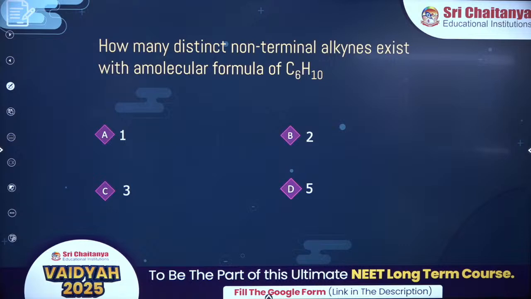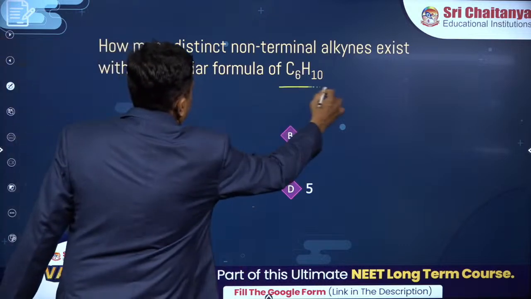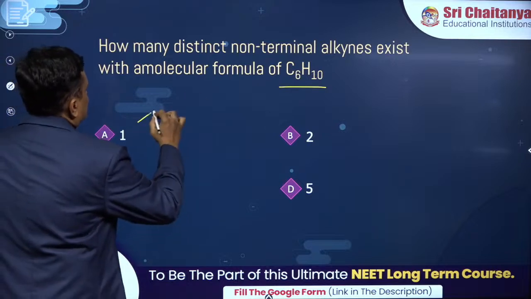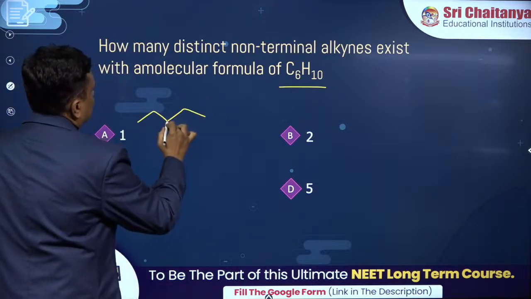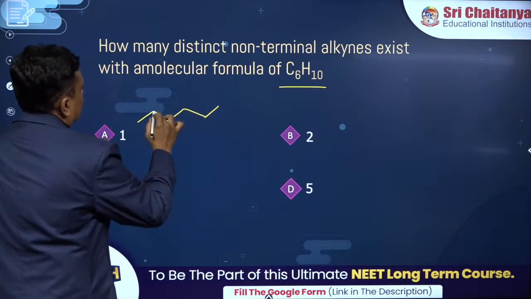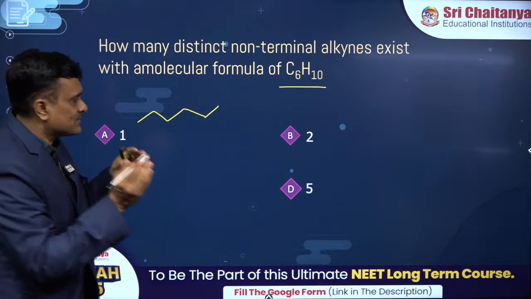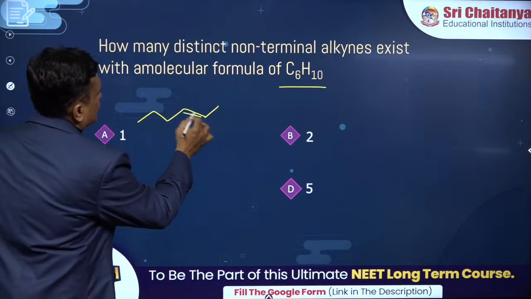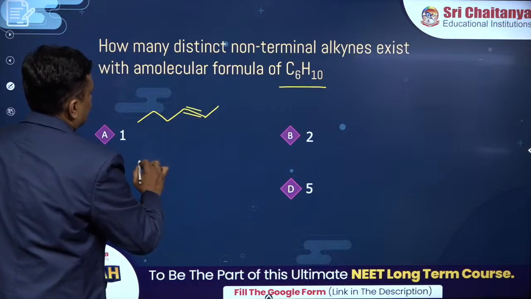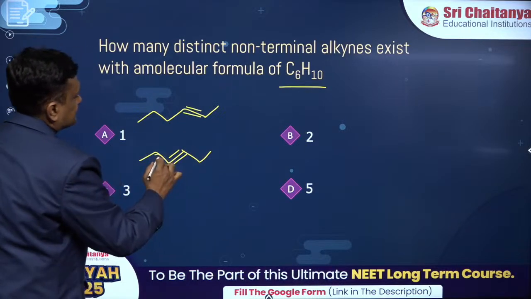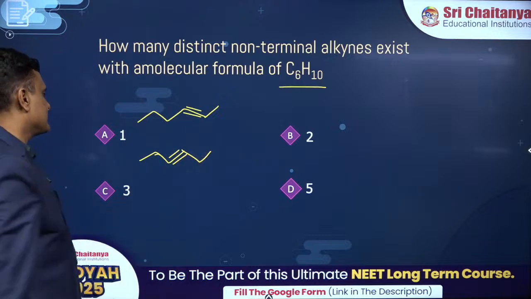What is this? Non-terminal alkyne. First of all, CnH2n-2. Non-terminal, 6 carbon atoms, alright. 1, 2, 3, 4, alright. 6. Non-terminal in the sense the triple bond should be kept in the middle. I'm going to place it over here. This is the first example. Second example.